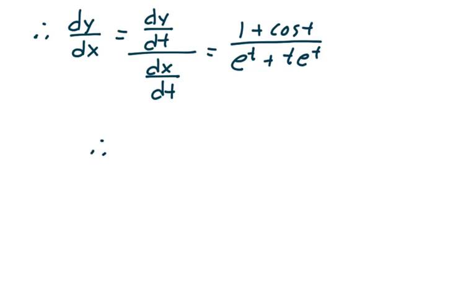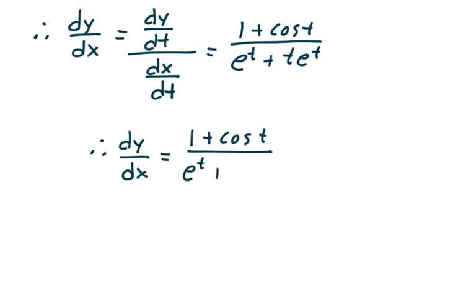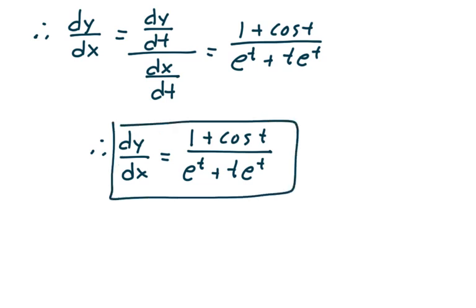And so therefore, dy/dx is 1 plus cosine t divided by e to the t plus t e to the t. And that right there is example 3.